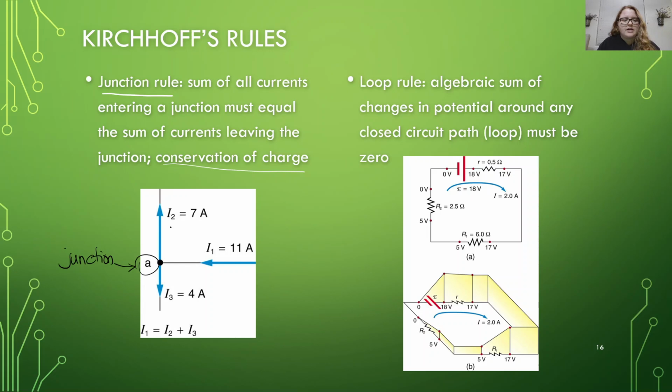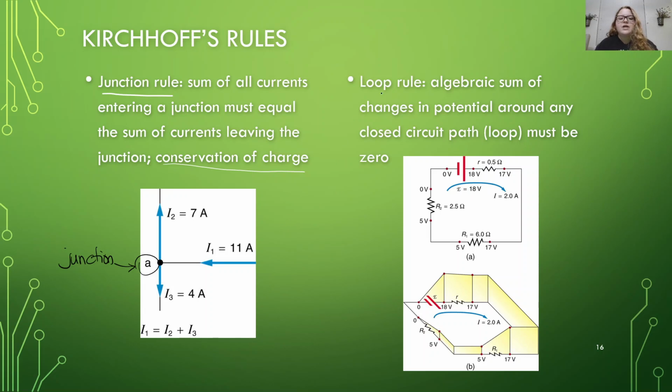Okay, so you have current I2 and I3. So I1, or that overall current, should equal I2 plus I3. Okay, this is something that we saw before when we were looking at circuits in parallel. Okay, so this is the same exact idea, just with specific rules written.